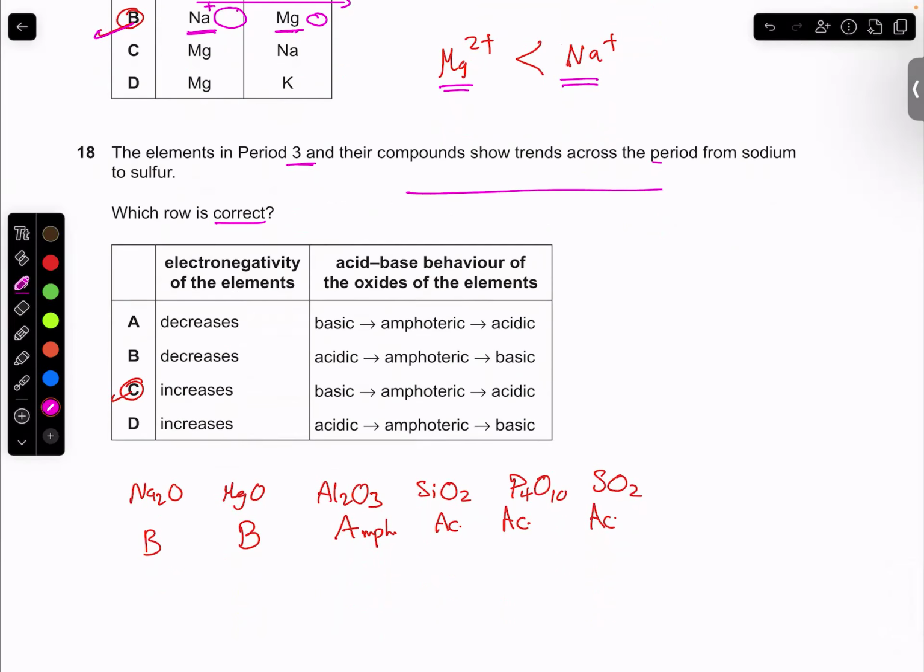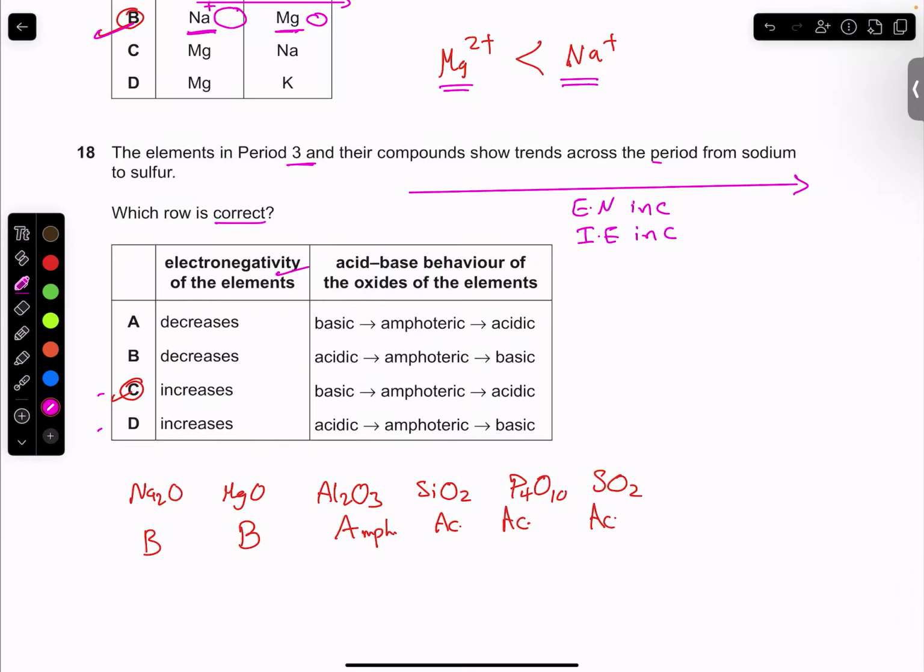As you know, as we go from left to right in the period, the electronegativity increases, and also the ionization energy increases because of the decreasing radius and more attraction force. So the answer is C or D.